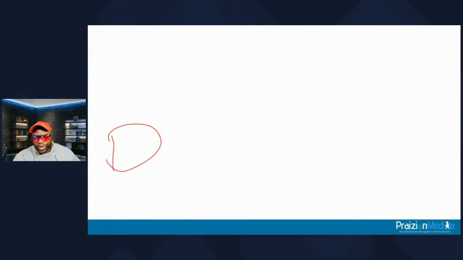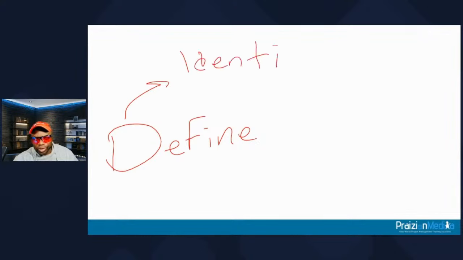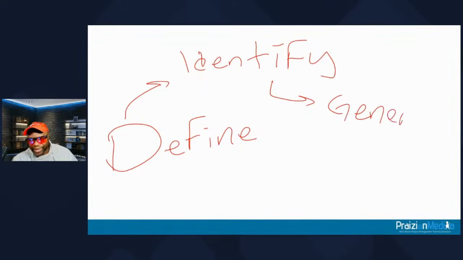Whenever you get a question, always define the problem. Then you identify the root cause. Then you generate alternatives that make sense. Then you choose the best alternative.